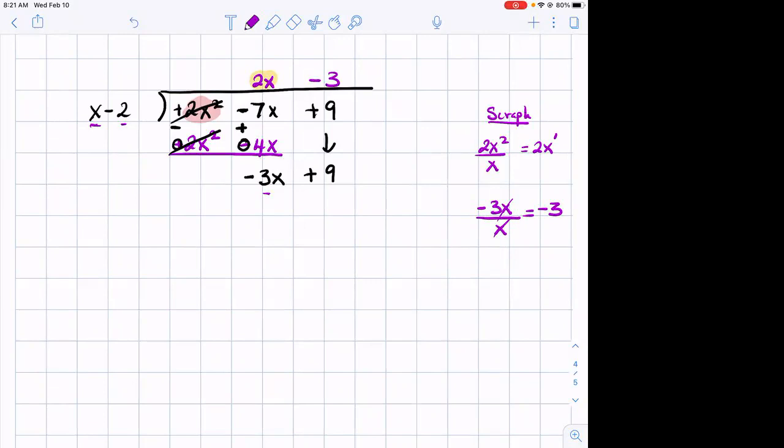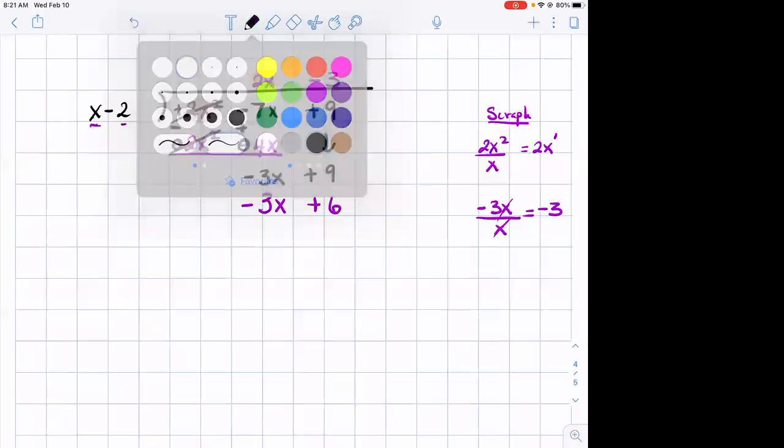And then we do the same thing: minus 3 times x and then minus 3 times negative 2. Minus 3 times x gives me minus 3x, and minus 3 times negative 2 gives me plus 6. Now don't forget, we have to change those signs.